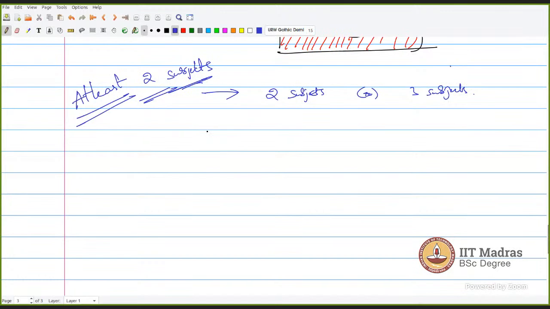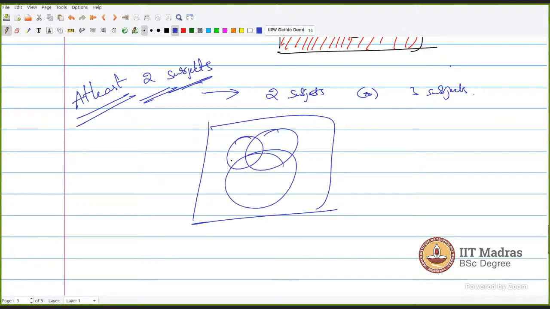Right. So when I have to show it in the Venn diagram, I have this. This is biology, this is maths, and this is chemistry. Draw each of them separately.